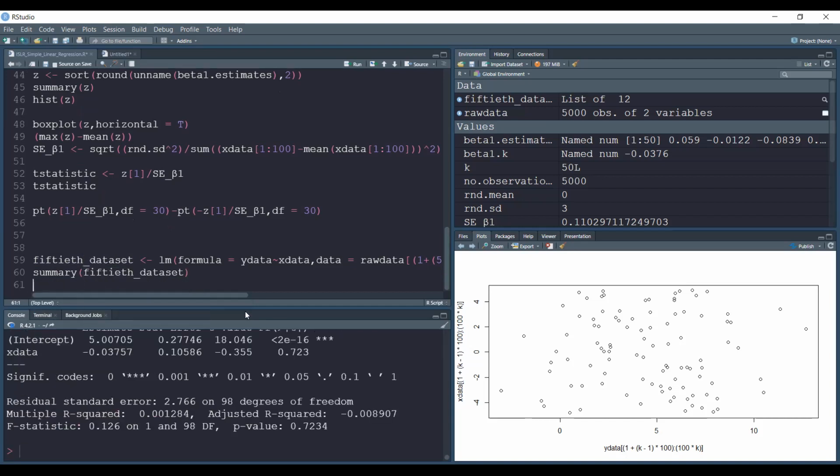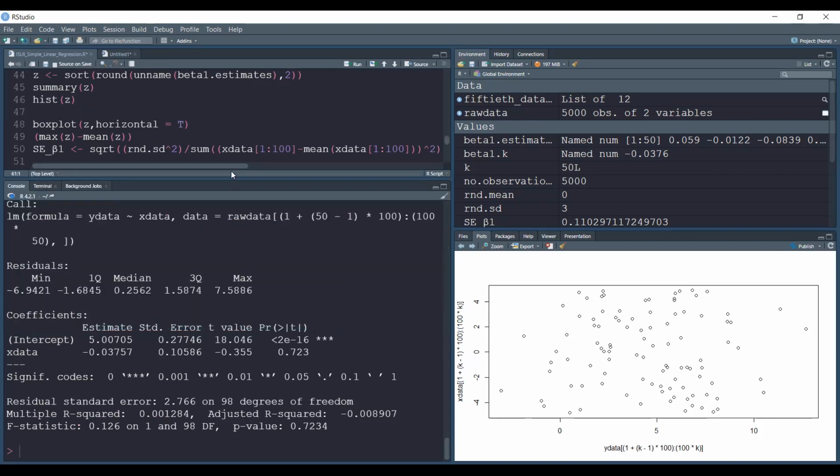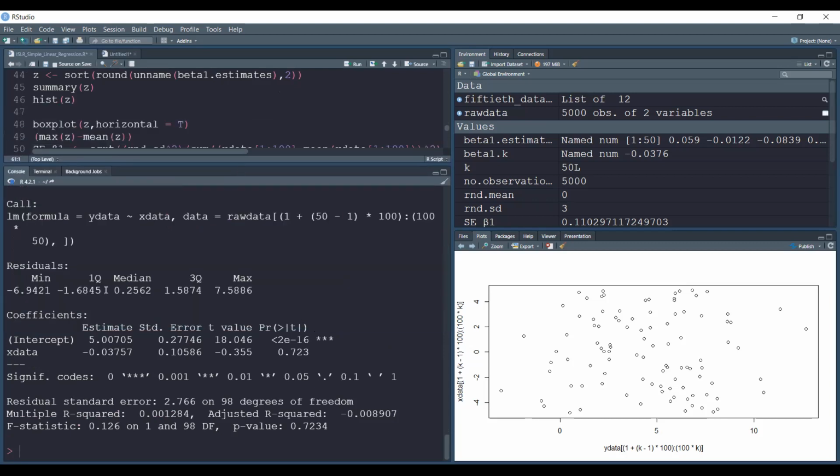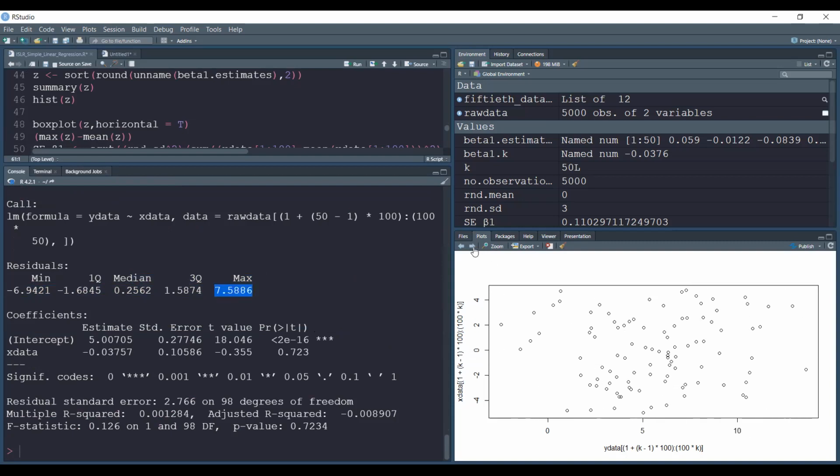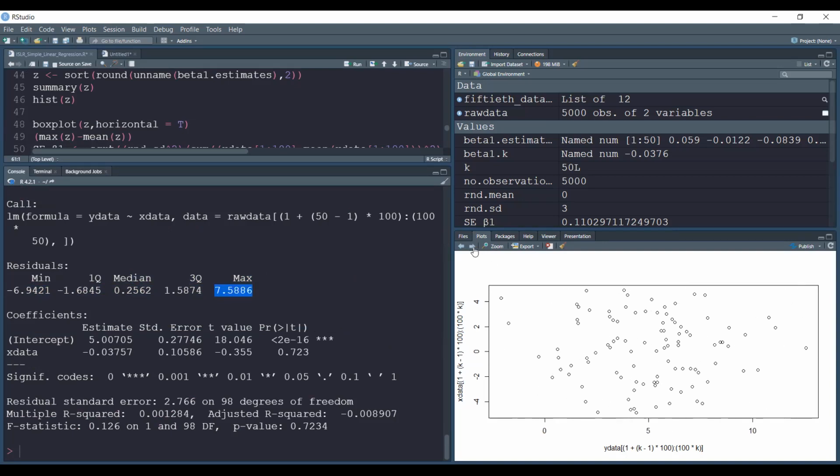Oh, interesting. Look, it gives you the residuals. So the worst fit is over here. It's one specific data point, which is the 50th data set.